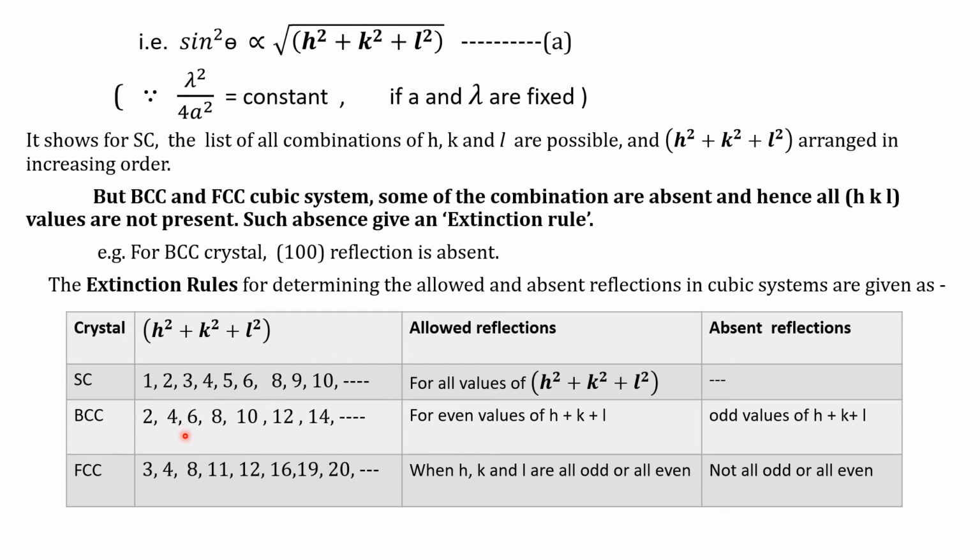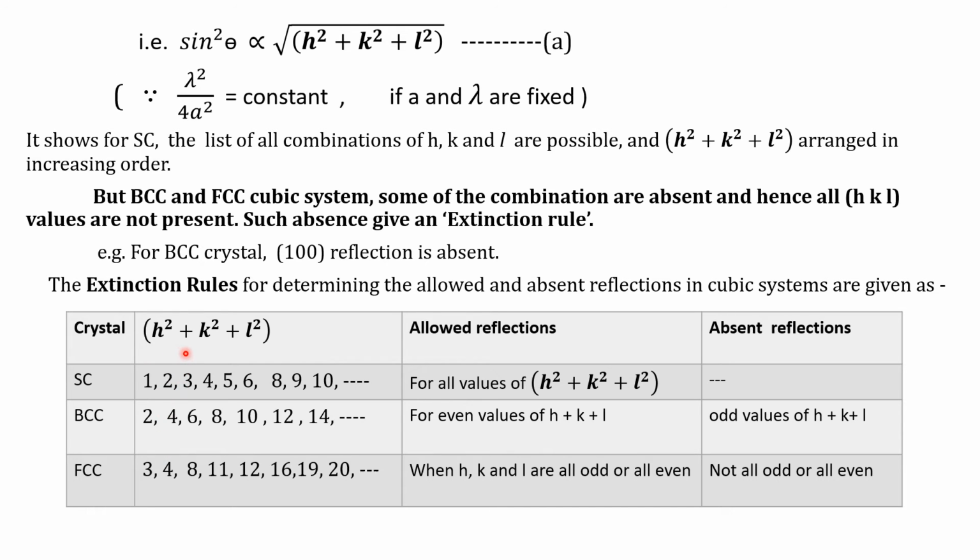For BCC, as we discussed earlier, some of the hkl values are missing as we take h square plus k square plus l square in the increasing order. How do we get 2?